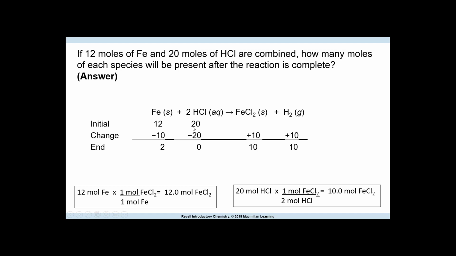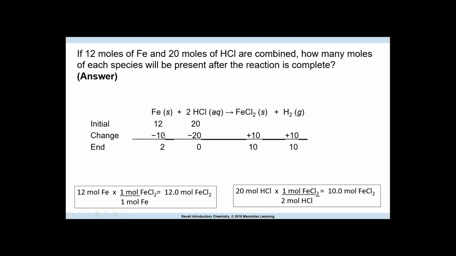So in this case, I am going to subtract. So I have 20, but I'm going to use it all up, so negative 20. I am producing 10 moles of the product. This is a 1-to-1 ratio, so it's going to be 10 moles. I'm going to add 10 moles here and add 10 moles here because these are what's produced. If these numbers are not making sense, do it in the dimensional analysis and you will see where these numbers come from.